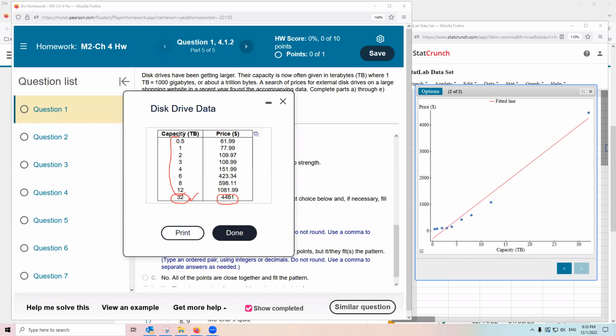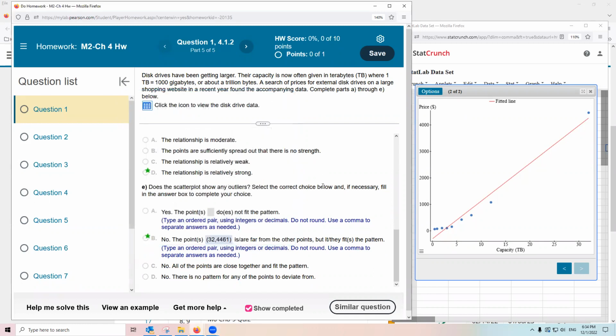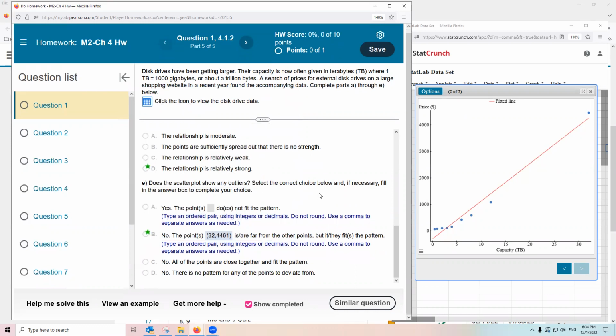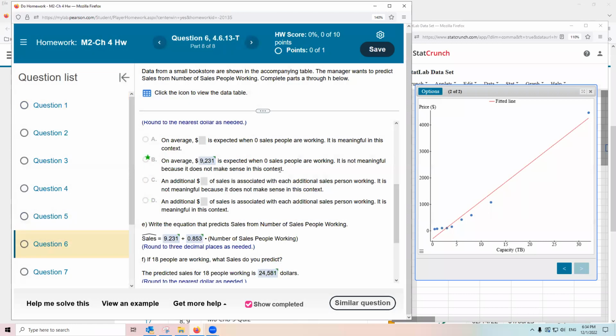All these others are in the range 0 to 12. So that's the one point that seems to be displaced from all the others. All right, let's see. I think that's it for this question. All right, let's go to another example where we have to do some more analysis using StatCrunch.